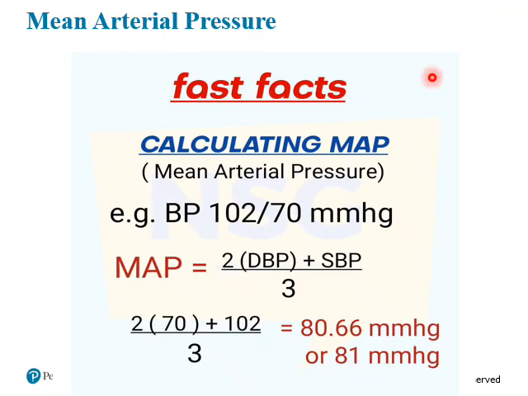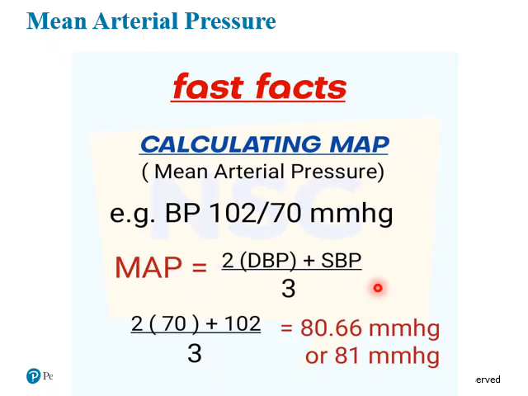When you want to calculate the mean pressure within the artery, first of all, you're going to take the blood pressure. Then you multiply the diastolic by 2, add it to the systolic, and divide by 3.